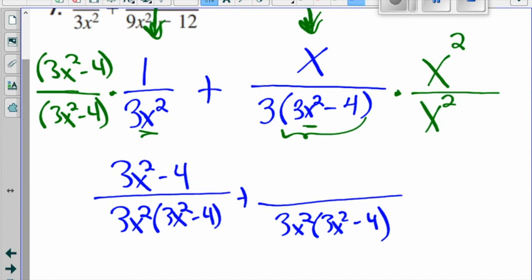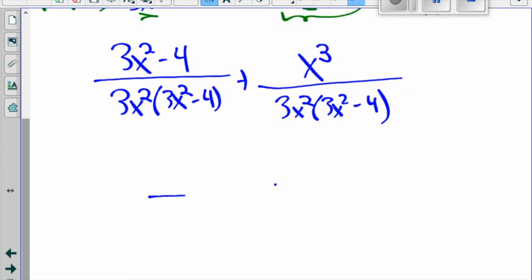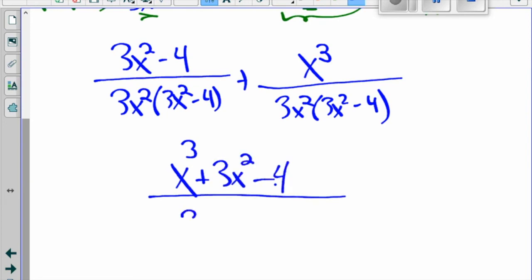Over here we have x times x squared, which is what? x cubed. Well, now we can add, yes? And according to number theory, we would have x cubed plus 3x squared minus 4.